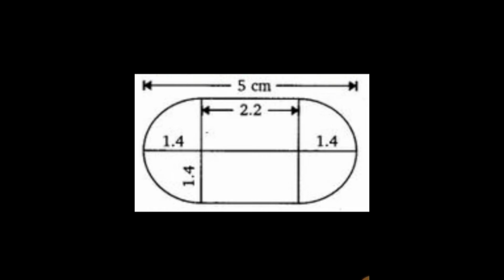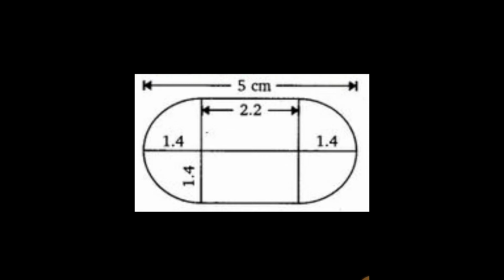The total length of this gulab jamun is 5 centimeter and the radius of both the ends of the cylinder as well as the hemispherical shape is 1.4 centimeter. So to find the length of the cylindrical part, we have to subtract 2.8 from 5, so we will get the length of the cylindrical part in this gulab jamun, or you can say the height of the cylinder.